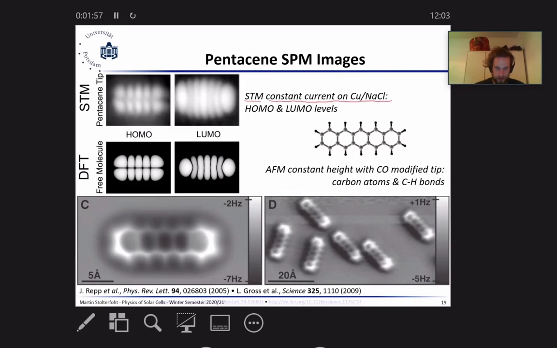So in this work, which was published in Science, they have measured single molecules on such a copper sodium chloride substrate, as shown here. So you can visualize single molecules, which is pretty amazing. So they saw here 6 single molecules. And if you look at this here, they can actually measure the HOMO and the LUMO.